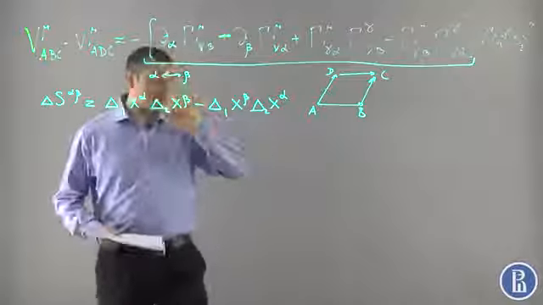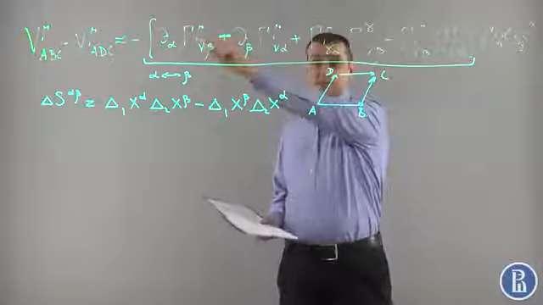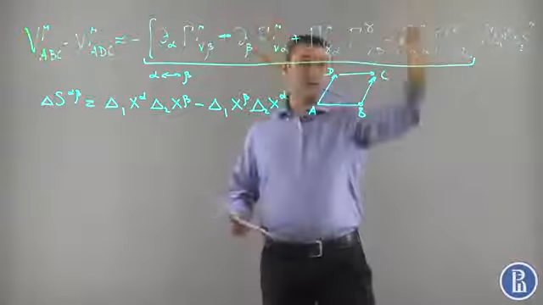So, if we introduce this quantity, we can basically use the antisymmetry of this quantity.